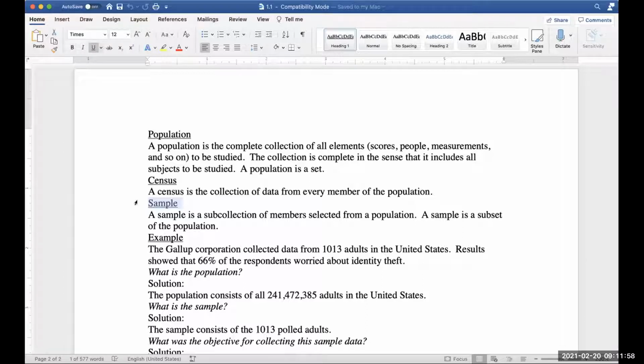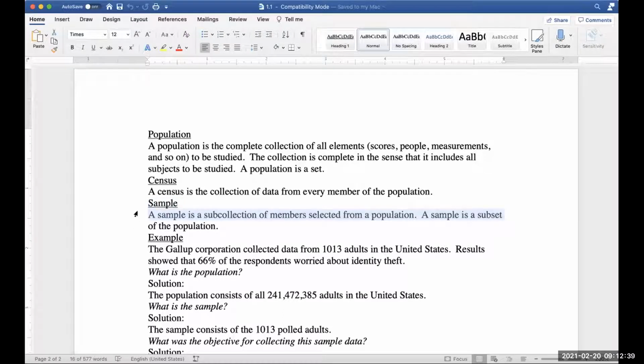Well, you can't know exactly how many people are living in exactly what location, because it takes a while for you to figure out this data, and things change. People move, people are born, people die, etc. So to figure out exactly what happens at one instant in time is nearly impossible. And so it could be that a census might not be as accurate as other techniques. So a sample.